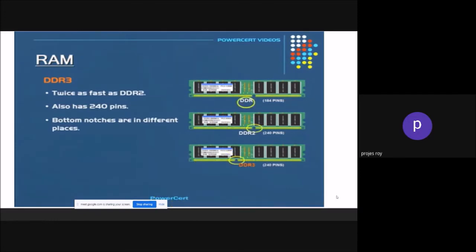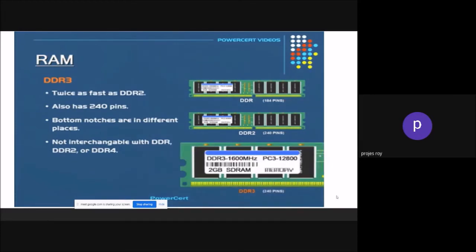So you can't put a DDR3 DIMM in a RAM slot made for DDR2. In fact, motherboards are made to support a certain type of memory. So you can't mix DDR1, 2, 3, or 4 on the same motherboard. An example of DDR3 would be DDR3 1600, PC3 12800.